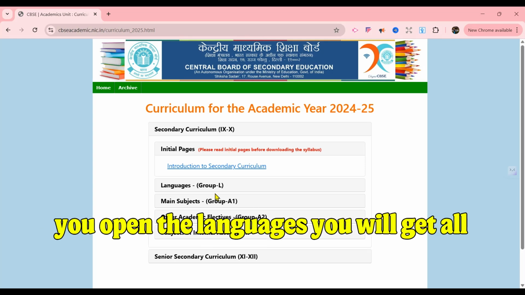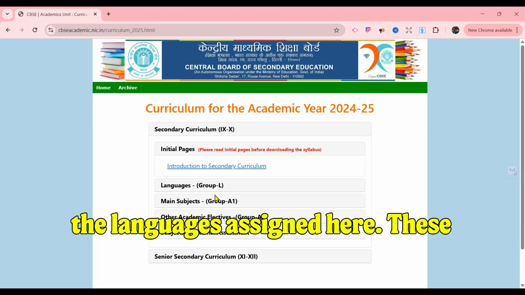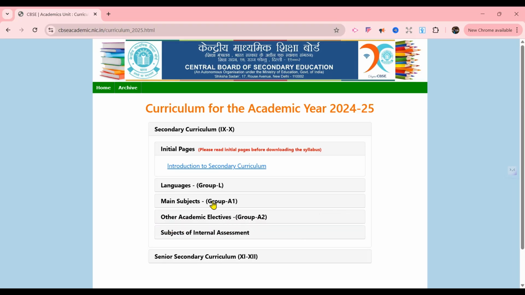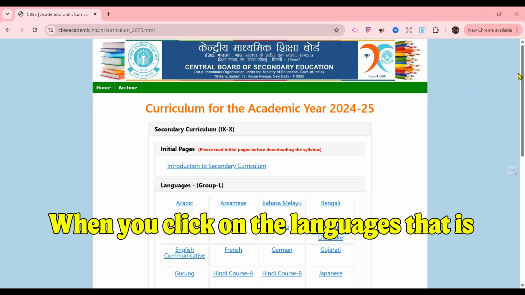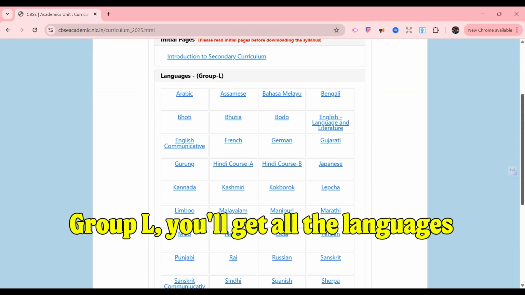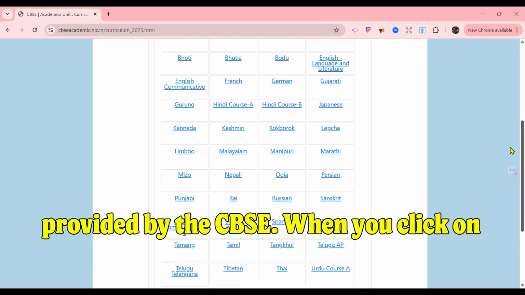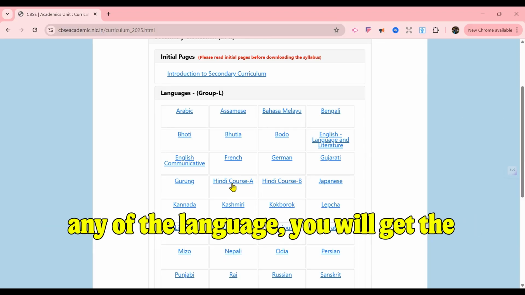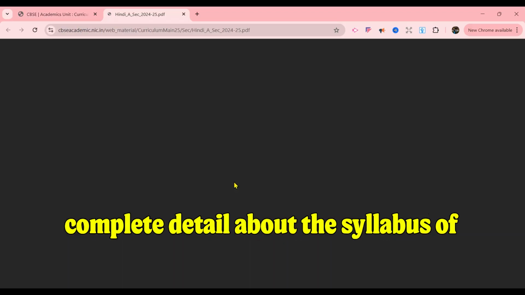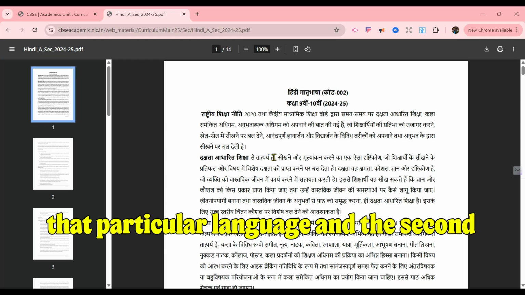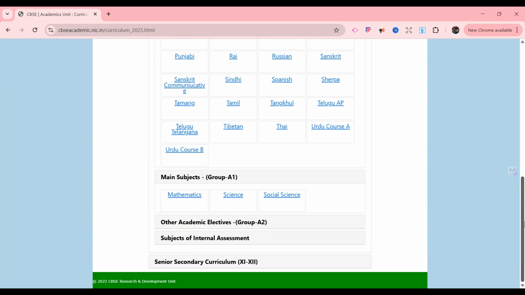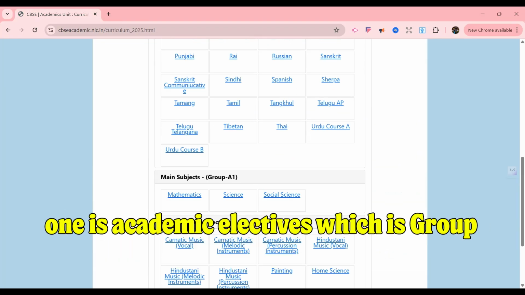When you open the languages, you will get all the languages assigned here. These all have links. When you click on the languages, that is group L, you'll get all the languages provided by the CBSE. When you click on any language, you will get the complete detail about the syllabus of that particular language. And the second one is academic electives, which is group A.